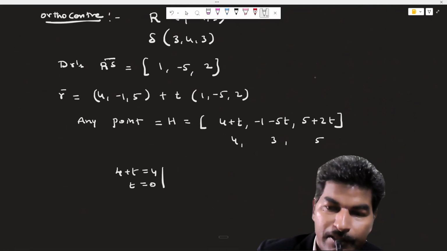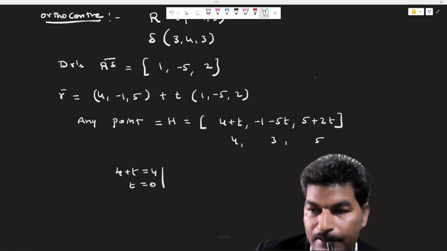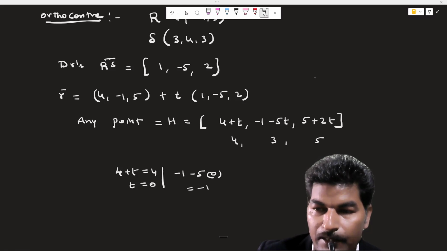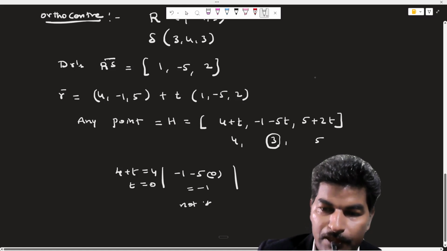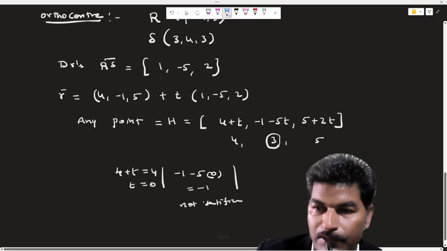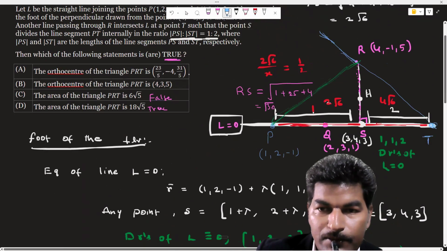We have to check whether t verifies the other coordinates, the y and z coordinates, for t equal to 0. Let us substitute into minus 1 minus 5 times 0. Of course, it is minus 1, but actually it was mentioned 3. So not satisfied. Then we go with the other options.